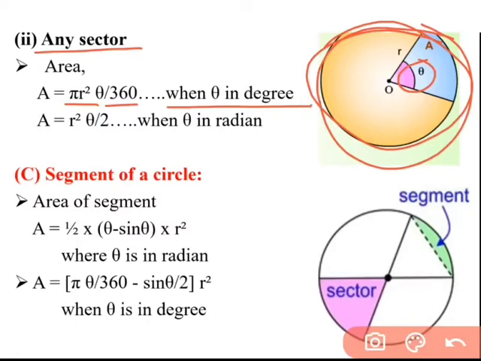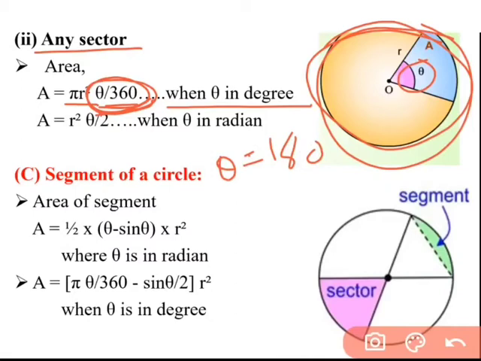Okay, now I will explain why we write theta by 360. For any sector, we do not know the angle. So for any angle, we can find the value by theta by 360. Suppose we have a semicircle, we all know it has an angle of theta is equal to 180.